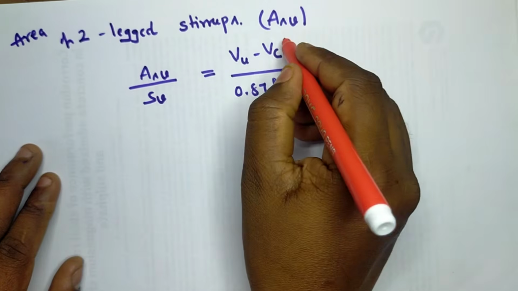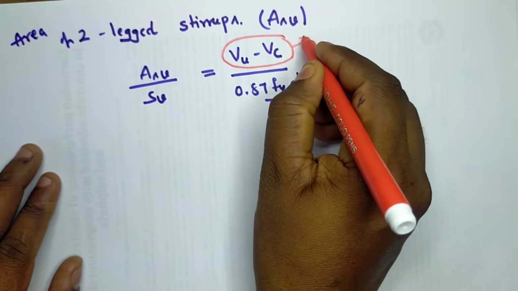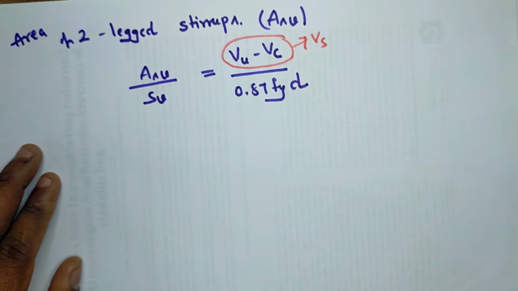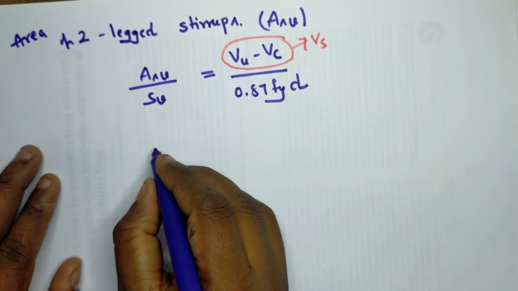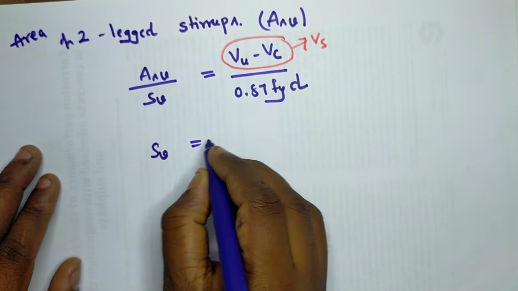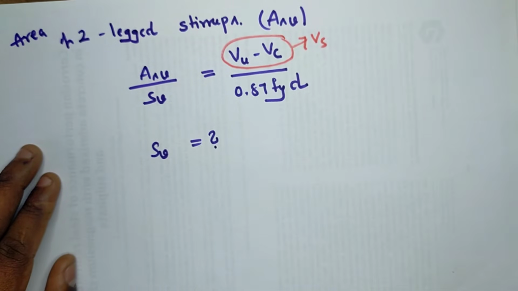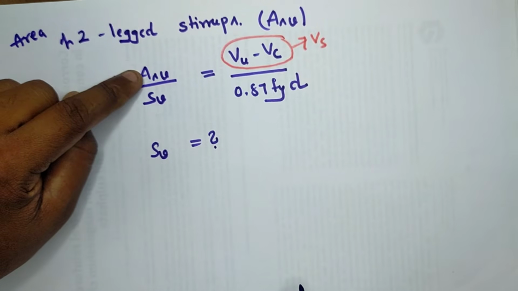This is not a new term. This is nothing but VS. From this formula, we can determine the spacing between the stirrups. Okay, ASV we decided.